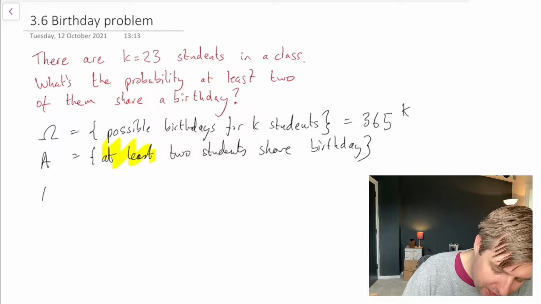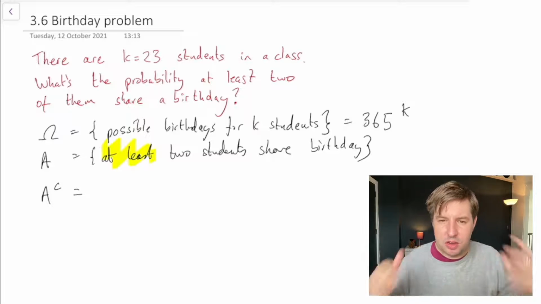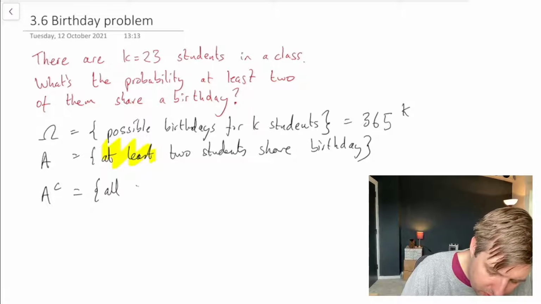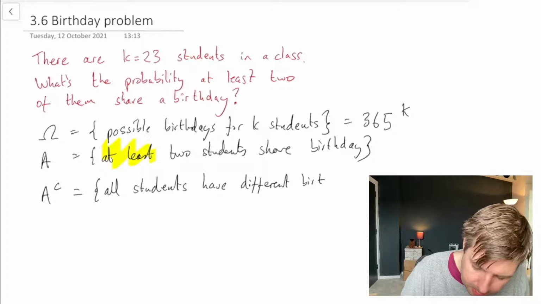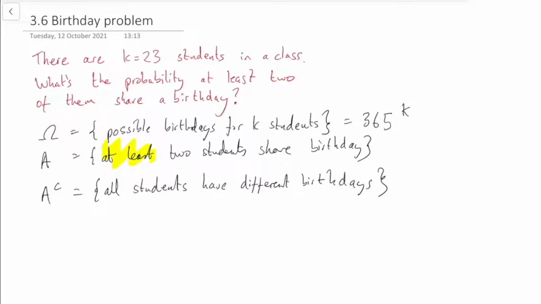So if A is the event that at least 2 students share the same birthday, A complement is the event that there isn't a pair of students that share a birthday. This is all students having different birthdays, because if there aren't 2 students sharing a birthday, that must mean that every single student has a different birthday from each other.